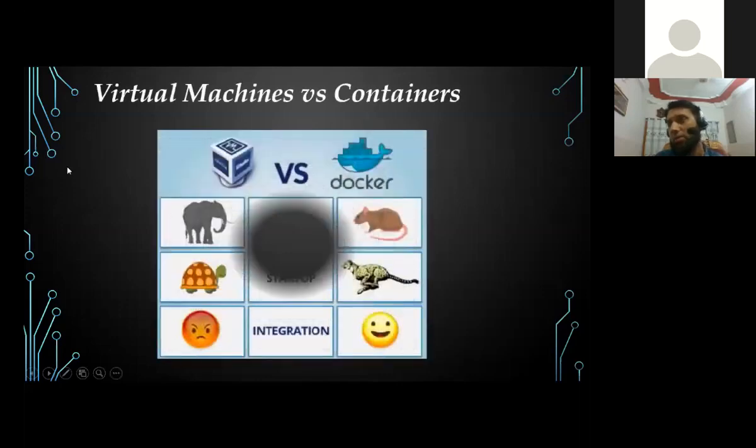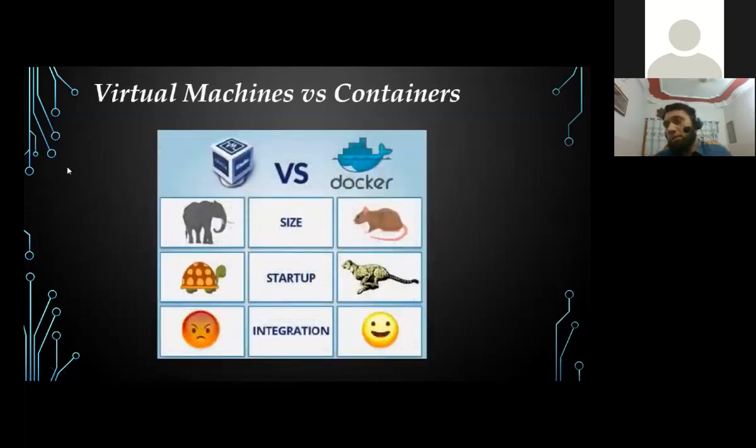For example, just on the lighter side, if I say Docker is a container and VMware is for the VM, virtual machine, the size of a VM is very high, like an elephant, but Docker containers are very small, like a rat, and they are very fast, like a cheetah. The startup time for a VM is more, at least a minute or something.